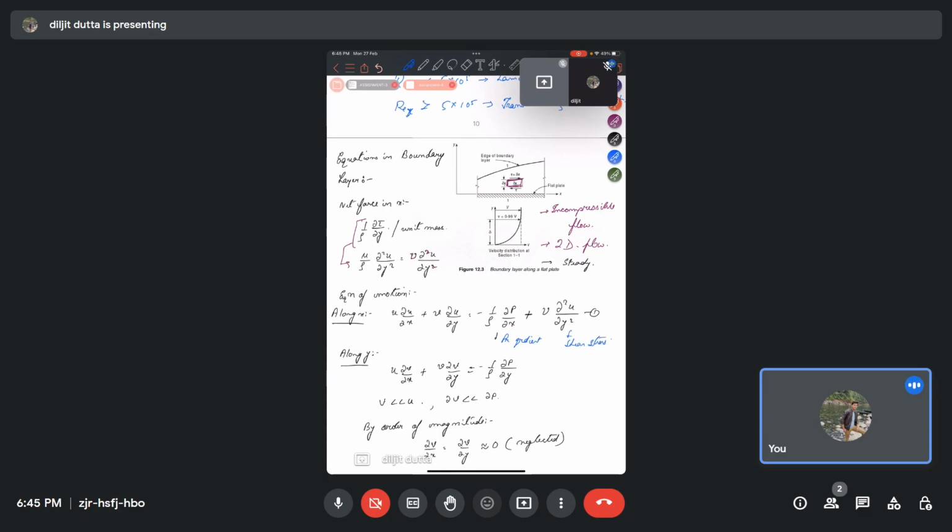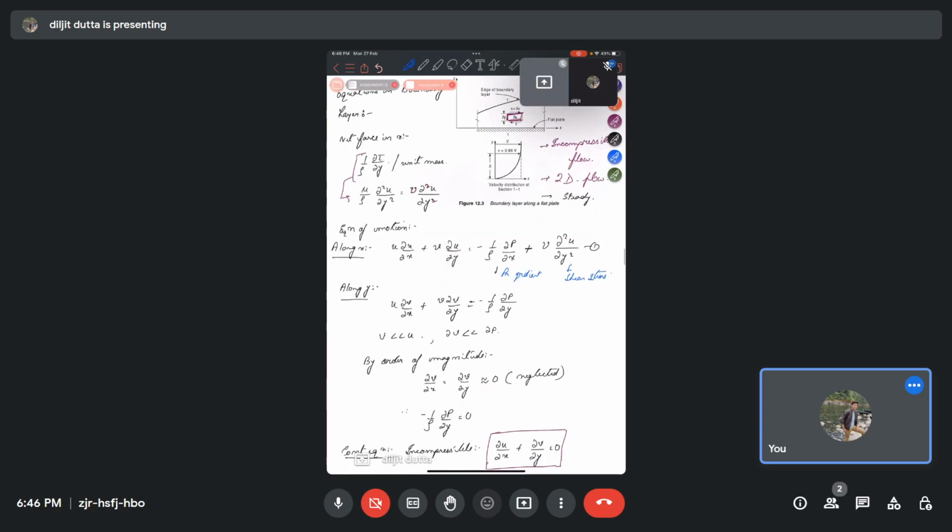These two forces are applied in the x direction. Shear stress acts to retard the flow, and the pressure gradient acts to accelerate the flow. So these two forces act in opposite directions, and the net rate of change in momentum is balanced by these two forces.